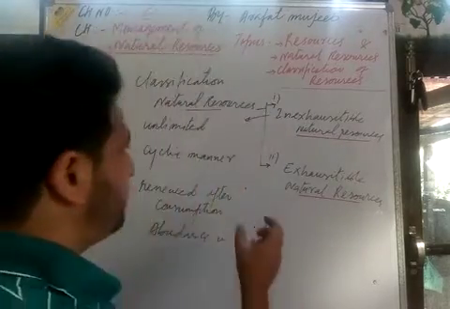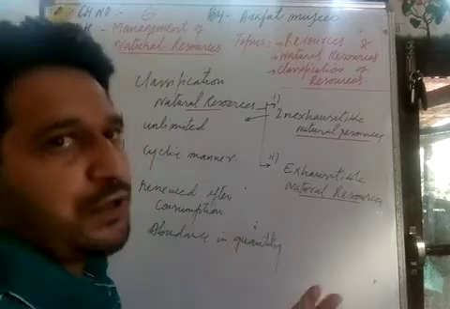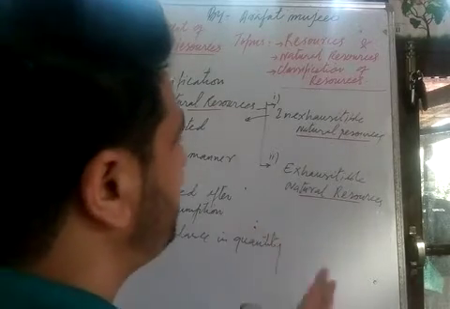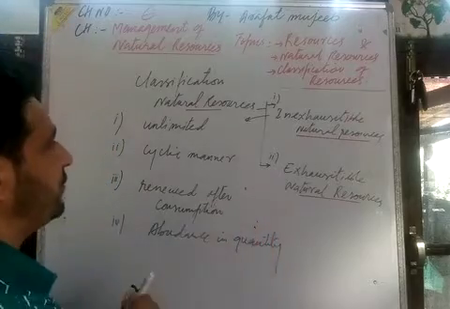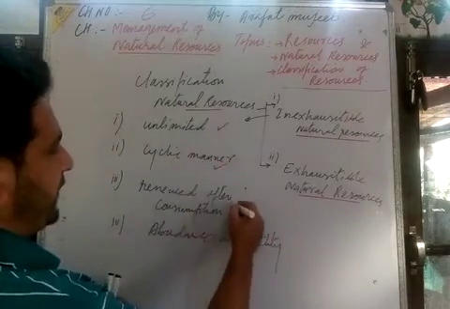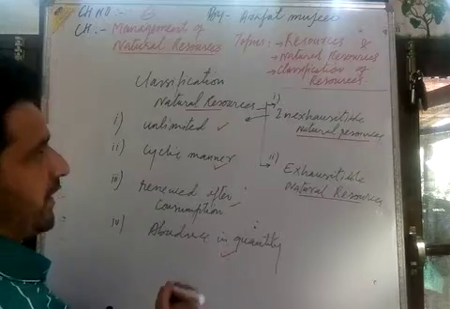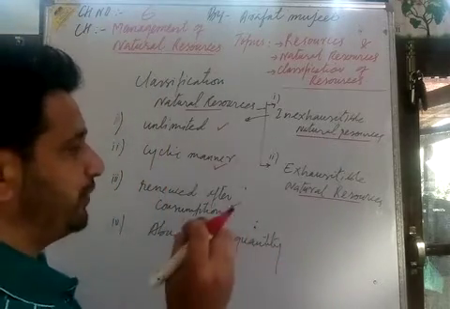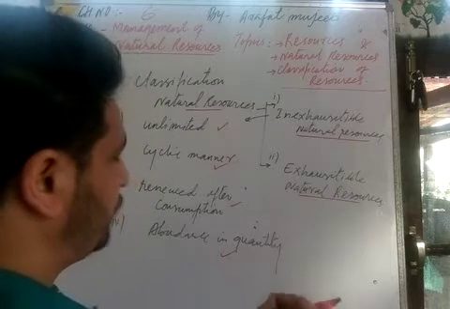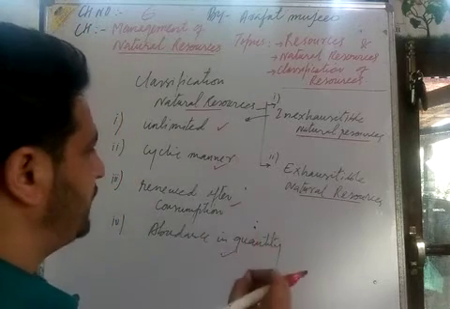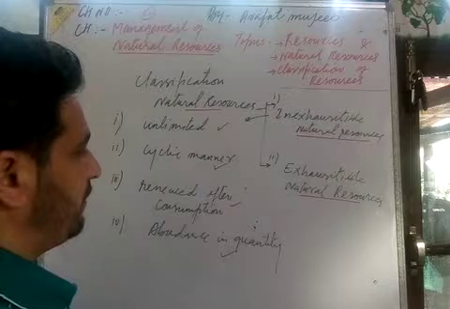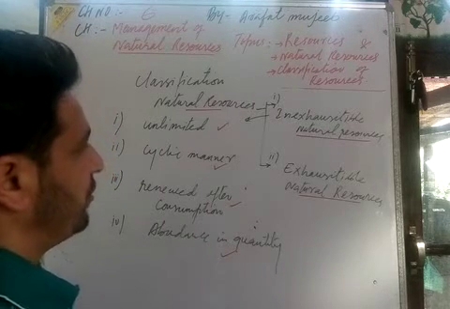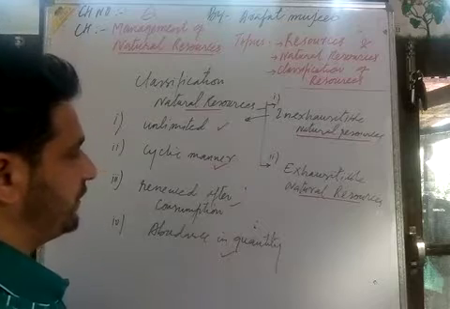If they are extensively utilized by humans, they never exhaust, they never vanish on the surface of the earth because of these properties. Even with uncontrolled use of these resources by humans, they never finish on the surface of the earth.